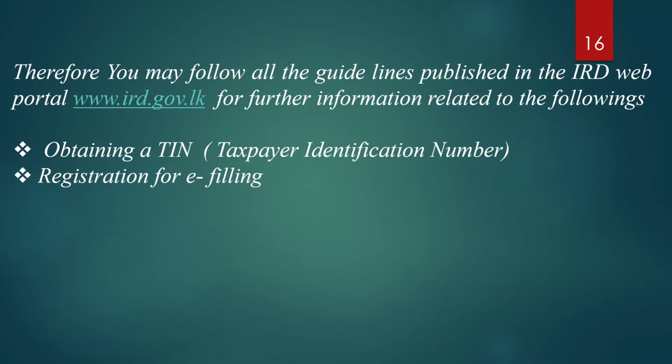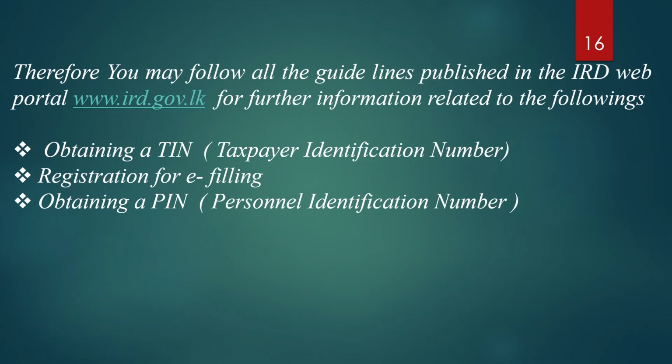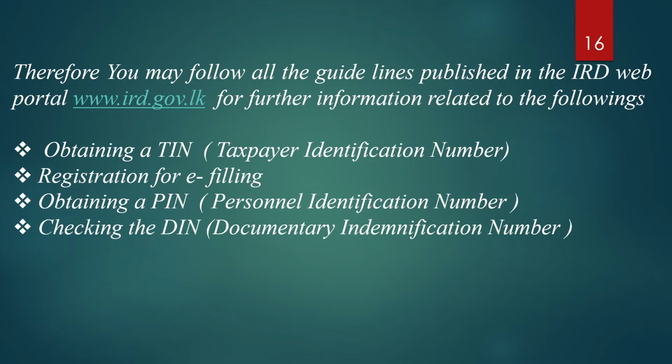If you have already obtained the TIN, you don't need to get the TIN number once again. Then registration for e-filing, and obtaining a PIN. After you register for e-filing, you can get the PIN, that is the personal identification number, which is a kind of password to log into your RAMIS system.